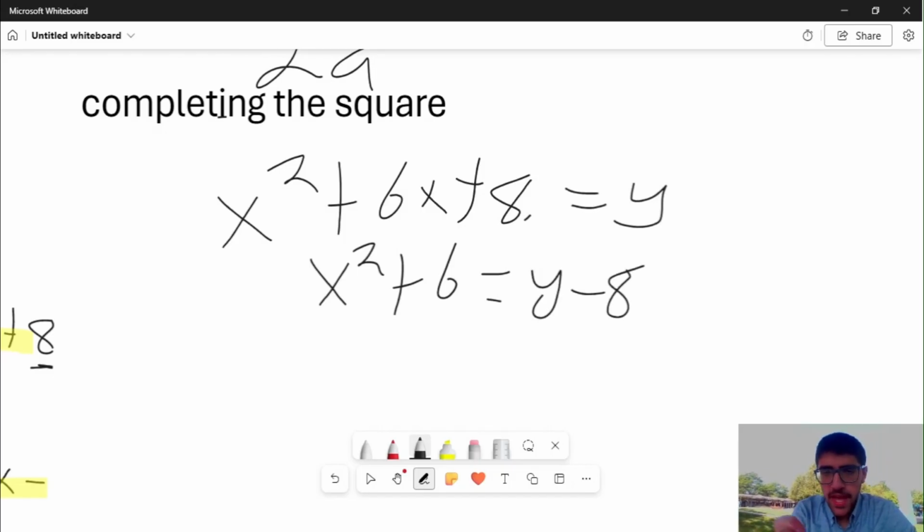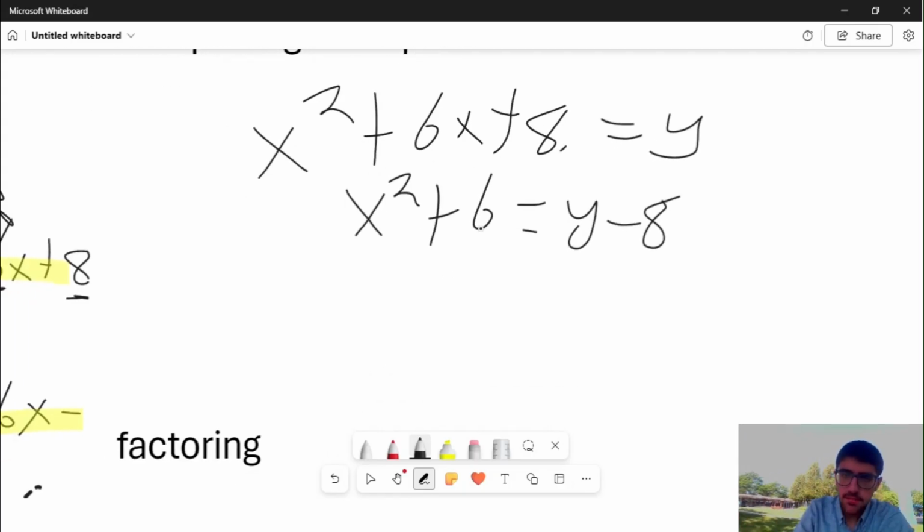From there, you want to get a perfect square so that you can simplify this from x squared plus 6x plus something into x plus something squared. So how do you do that? This is 6x. Basically, you take the b value. For us, the b value is 6.